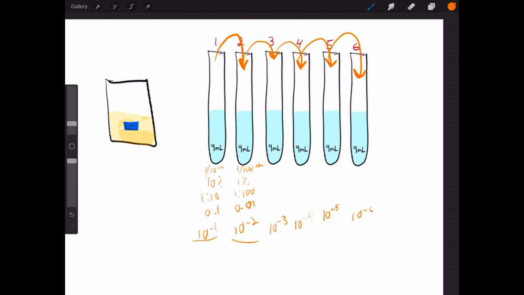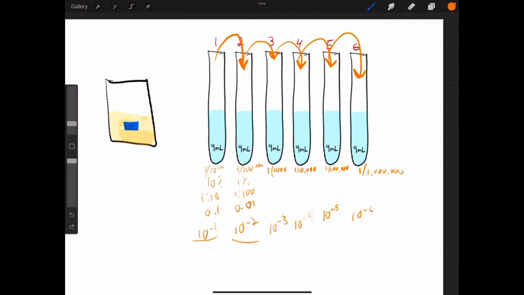So going back over here, we have 1/1,000th, we have 1/10,000th, we have 1/100,000th, and then over here we have 1/1,000,000th of the original culture.